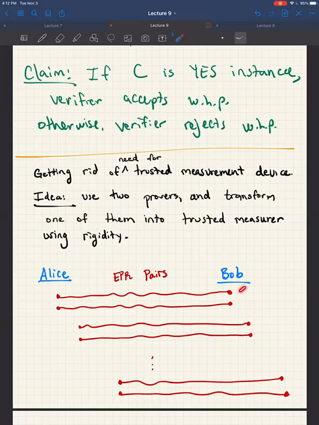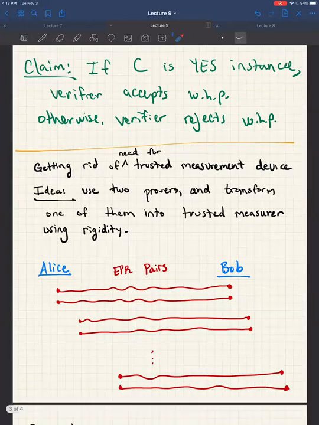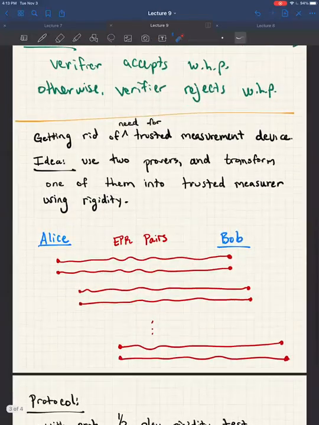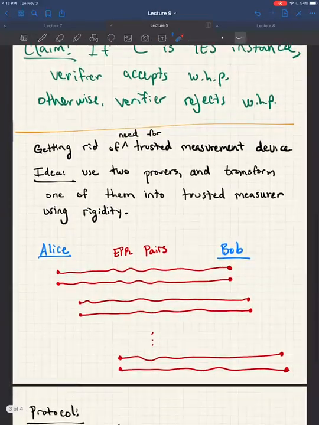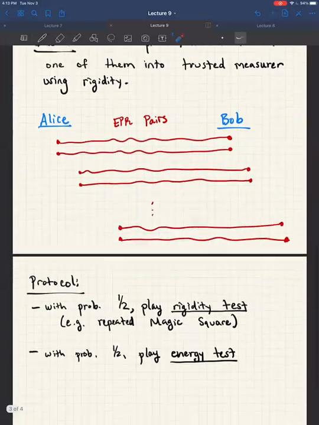Bob is going to measure specific Pauli measurements, right? Like the ones we just described, like ZZ or IZ or IX or whatever. And he's going to truthfully report the outcomes of those measurements. So, this rigidity guarantee is very powerful, and we're going to use it to design a verification protocol.